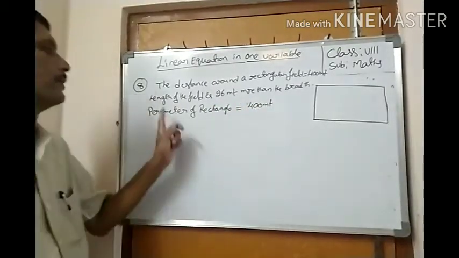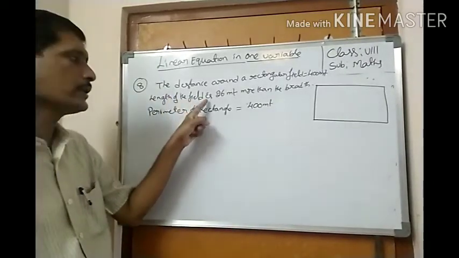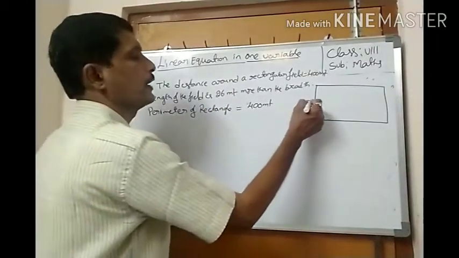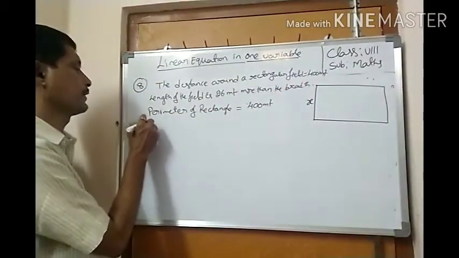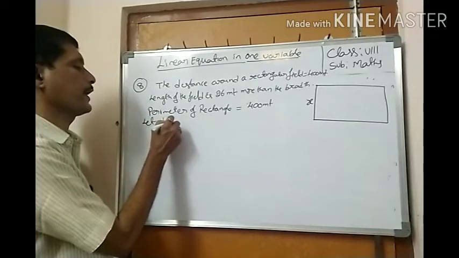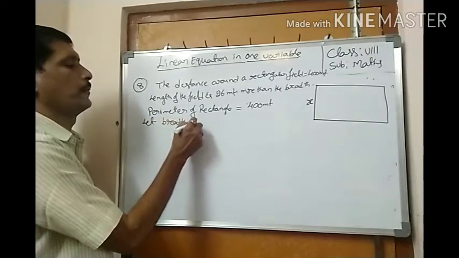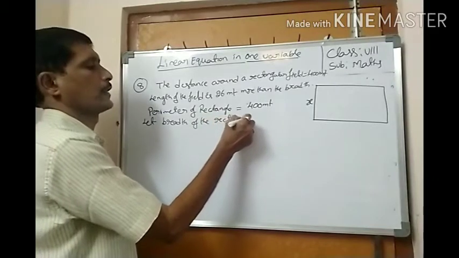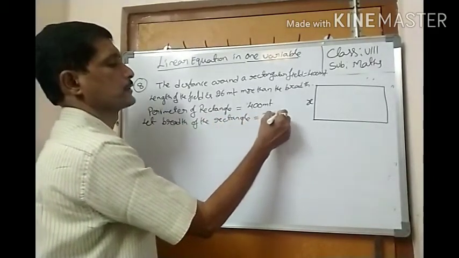Next, what is given? The length of the field is 26 meters more than the breadth. Let the breadth of the rectangle be x meters.